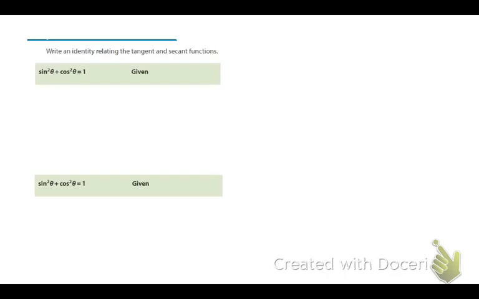I want you to do it up here with me. I want y'all to write it down and do it up here with me. Okay, so what we want to do now is we're going to look at these and write, this first one, an identity that relates to the tangent and the secant function.